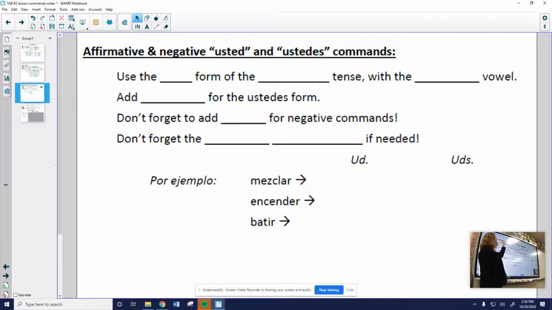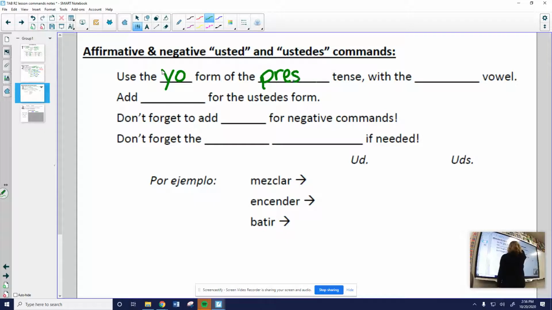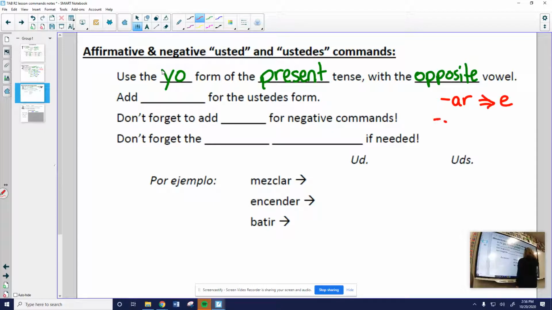So for affirmative and negative usted and ustedes commands, just like we did with the negative tú commands, use the yo form of the present tense with the opposite vowel. Recuerdan, if you're talking about an AR verb, the opposite vowel is going to be an E. If you're making a command out of an ER or IR verb, the opposite vowel is going to be an A.